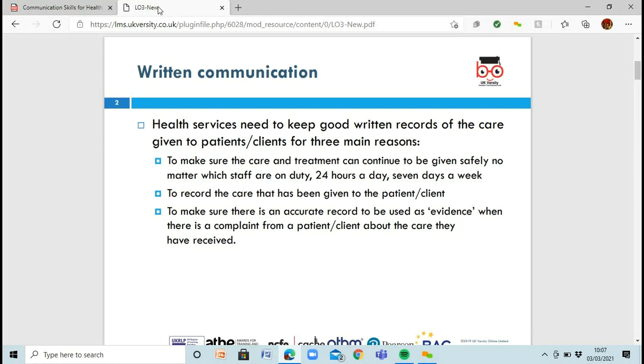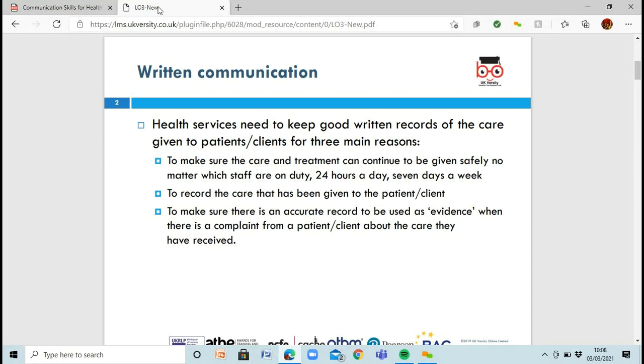It's also, again self-explanatory, to make sure that you're making a record of all care that's been given. Because if there's ever an emergency and they can't get hold of you, how will anybody else know what's been done? So it's very important that you note it. And then it's to make sure you're doing accurate recording so that it can be used as evidence.